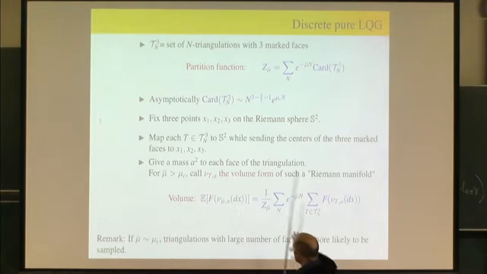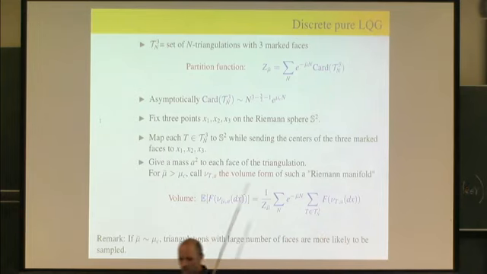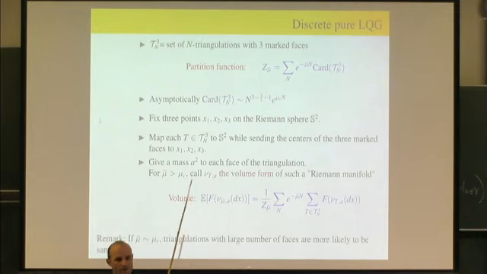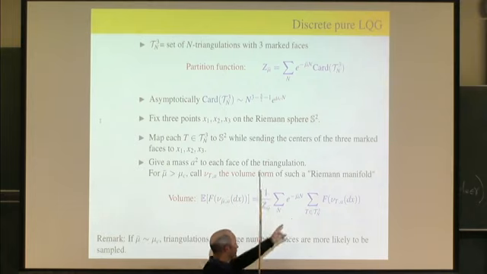Now you want to take a scaling limit of this object. If you want to take a scaling limit, you want your partition function to preferably sample configurations with a huge number of faces. You want the number of faces of your typical triangulation to diverge.